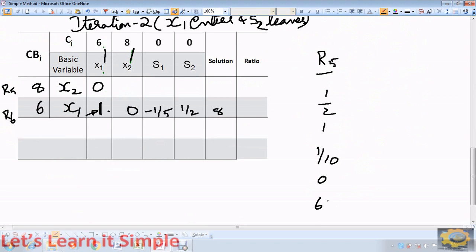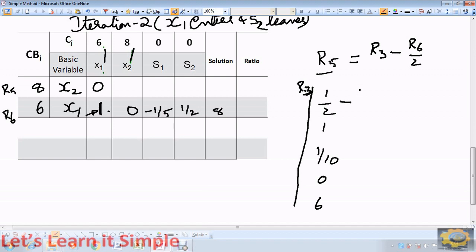Now here what I need to do is make this as 0. So how I can do it is, I can calculate R5 as R3 minus R6 by 2. So these are R3 values. Now I am dividing that with R6 by 2.